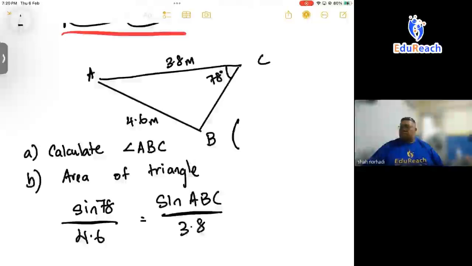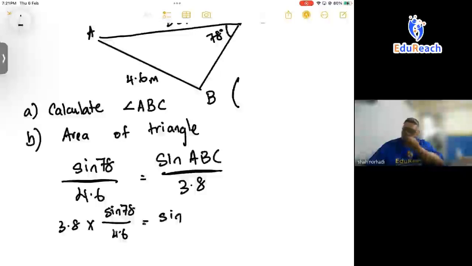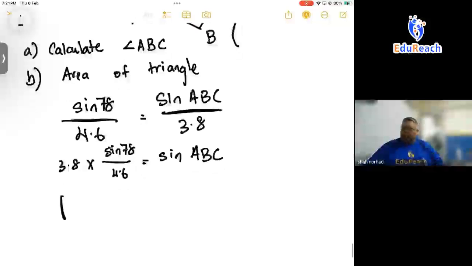Good. Then after that, you just bring the 3.8 over, right? So it'll be 3.8 times sine 78 over 4.6 equals sine ABC. After that, sine inverse. Do you get this working? Yeah. Good.